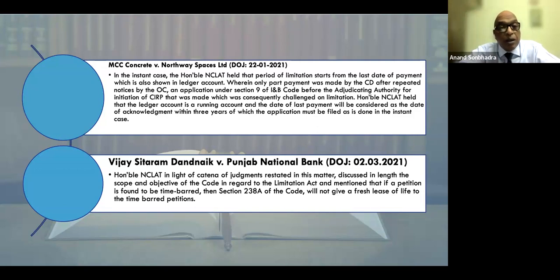Reiterating the point, because 238 clearly says "as far as may be". However, just because it says "as far as may be", it cannot give a fresh lease of life to already time barred suits or time barred applications.